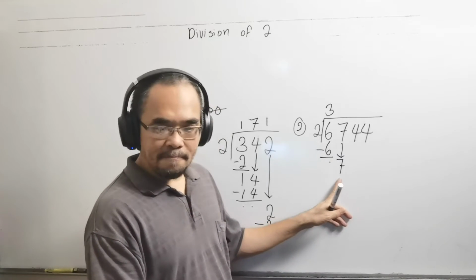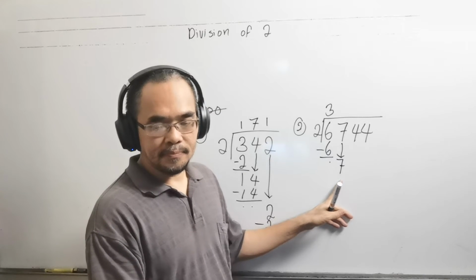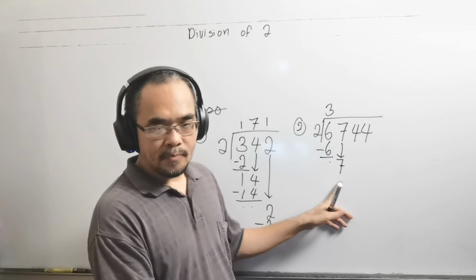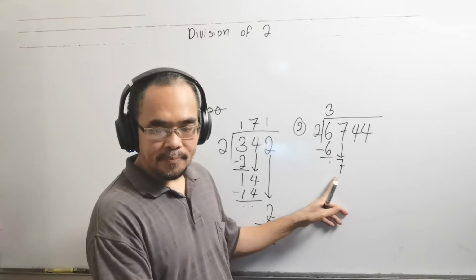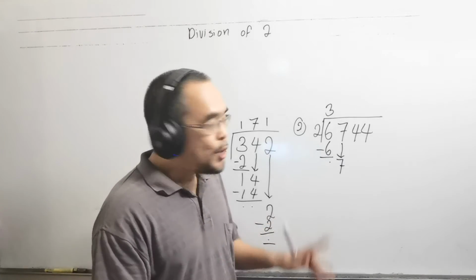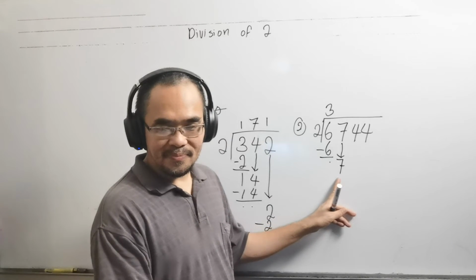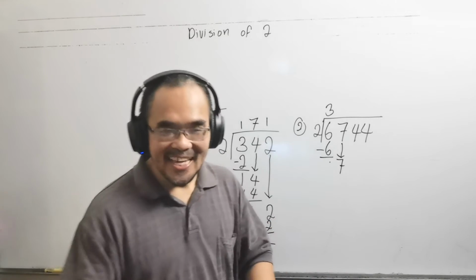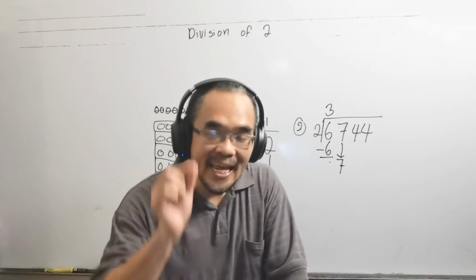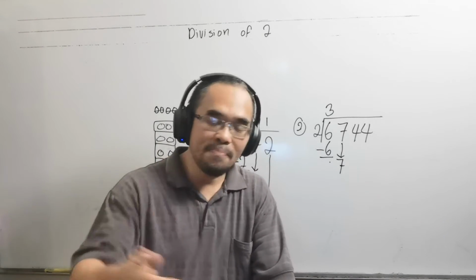Have you finished until here? Yes, correct. So what is next? You read multiplication of 2 until you get 7. There is no 7, so find the number that is nearest to 7 but has to be less than 7. Read multiplication of 2.